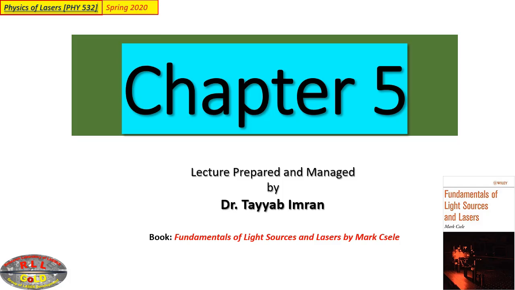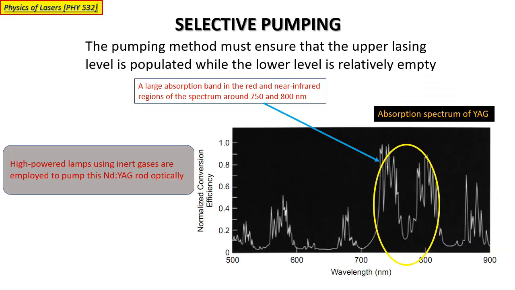So what we have studied in the previous chapter, that there are three basic parts if you want to generate a laser. So these parts are lasing medium, cavity and pump source.